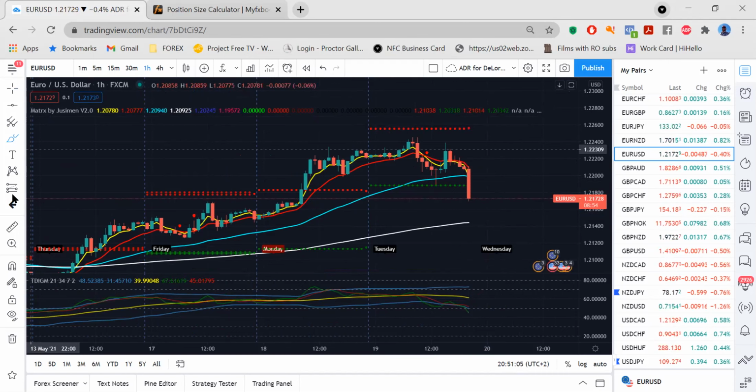Now you have a number of tools here. Again, this is a session just to teach you how to use TradingView and get up and running. But then fool around with it yourself.